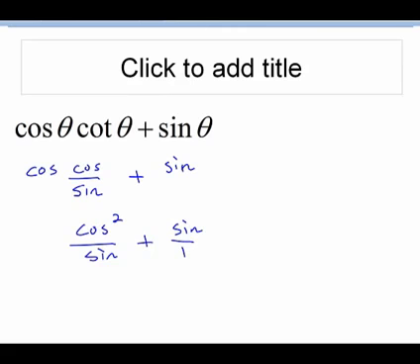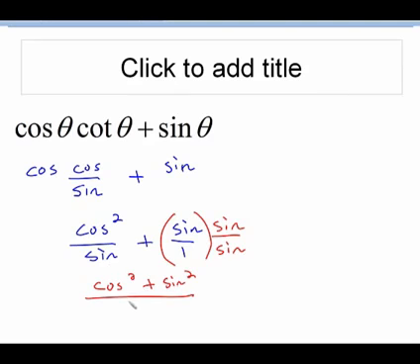And then we need to get common denominator. So I'm going to multiply by sine top and bottom. So I'm going to end up with cosine squared plus sine squared over sine. Well, this equals 1, so 1 over sine. So the inverse of this is cosecant. And that would be your answer.